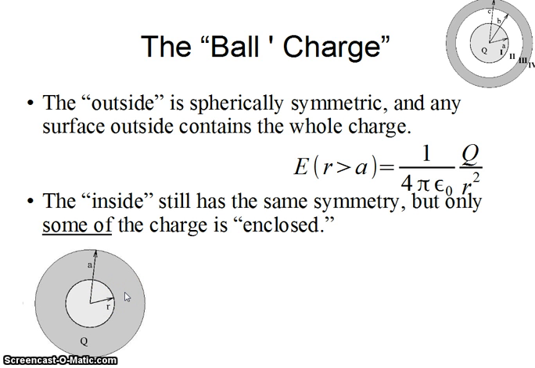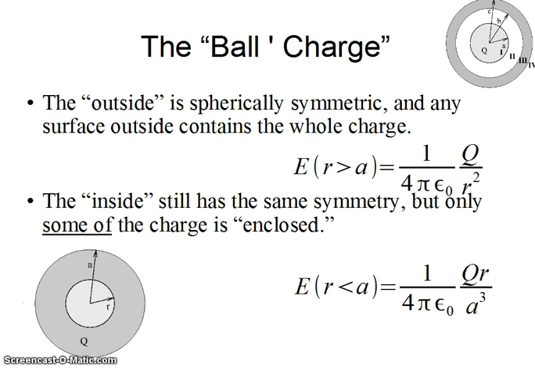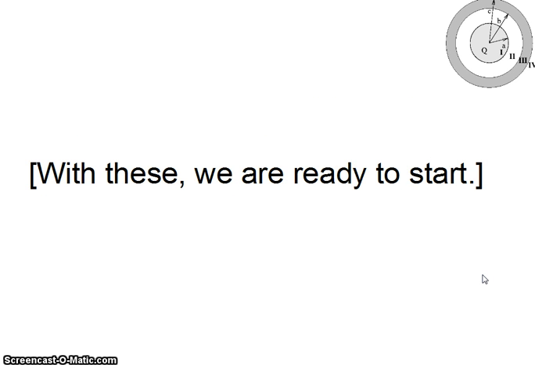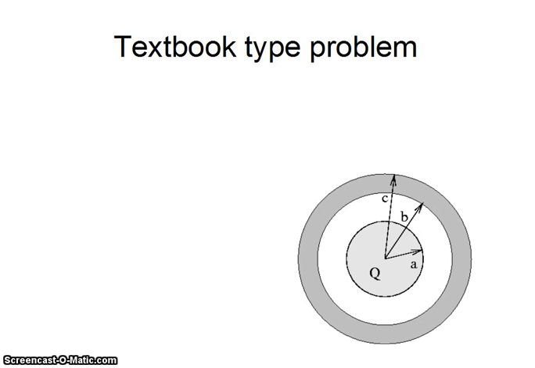In fact, what you find when you set up Gauss's law and do the really simple integral, which turns out to be just the volume of the whole thing, is that inside the ball, when r is less than the radius of the ball, you get k sub b and a function that's linear in r. Those are the things we had when we were ready to start this problem. So let's jump in and look at it.